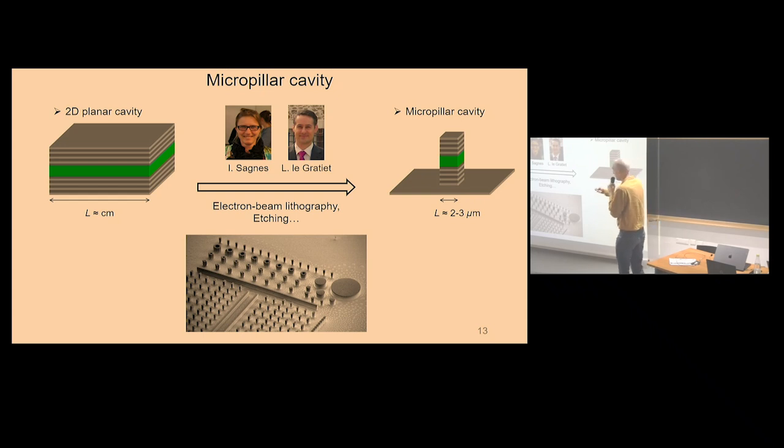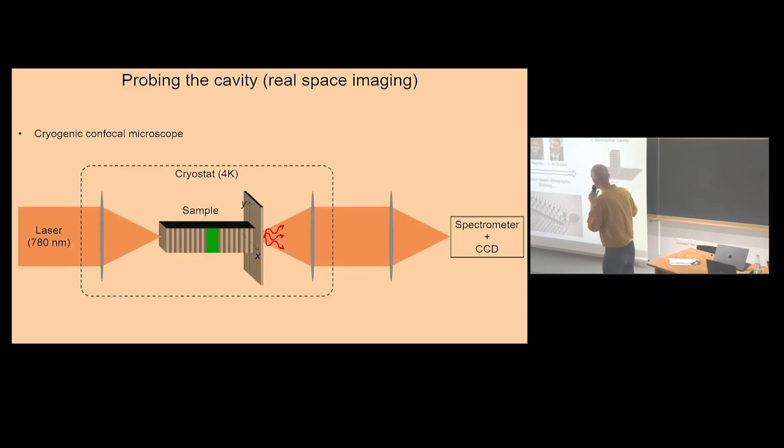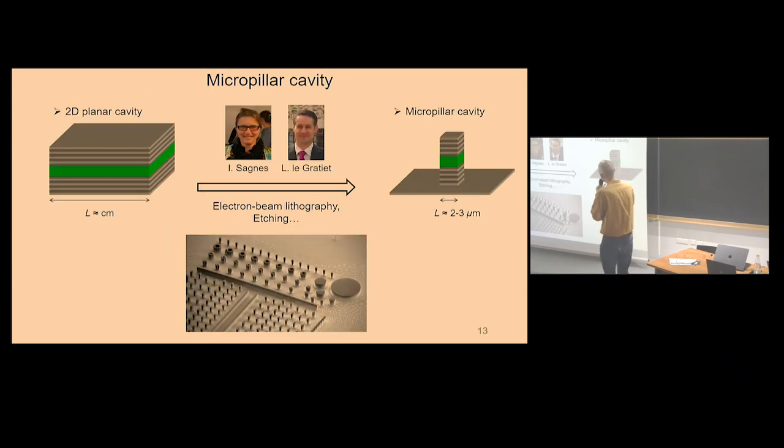Then, as I said earlier, these crystals are fabricated by molecular beam epitaxy. When they come out of the machine, they are typically a big wafer, about 5 centimeters in diameter. It's really a 2D type of cavity. Then we can use nanotechnology techniques like e-beam lithography and etching to define small microstructures.